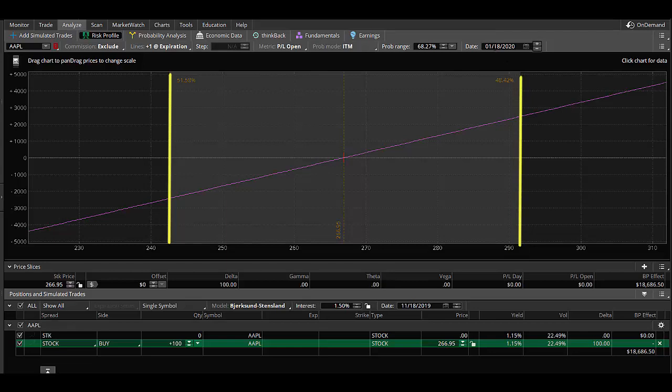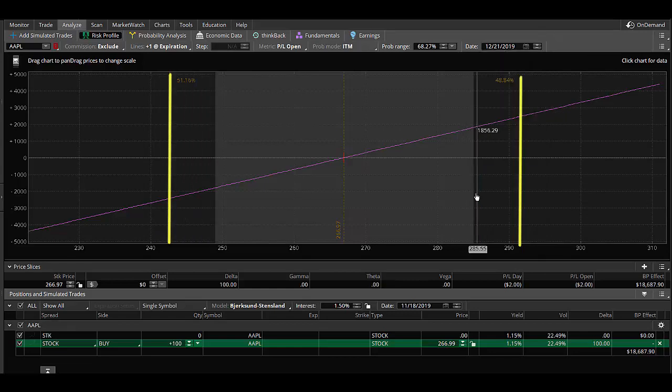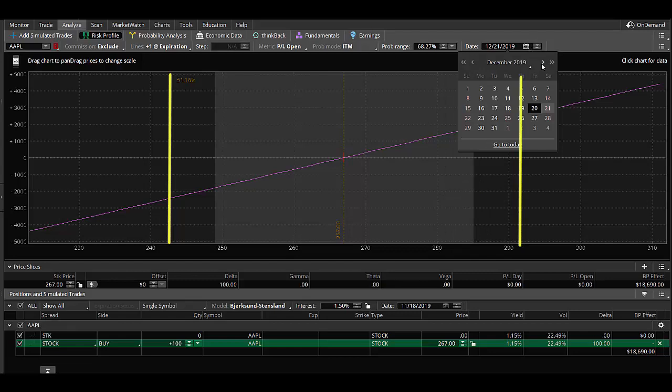And if I set the date to a different date, it would shade a different amount of the price graph. So let's say I went to December options expiration. Then notice how it brought in the shaded area, because over the time frame to December expiration, the 68% chance of movement is much less than if I brought it out to January.